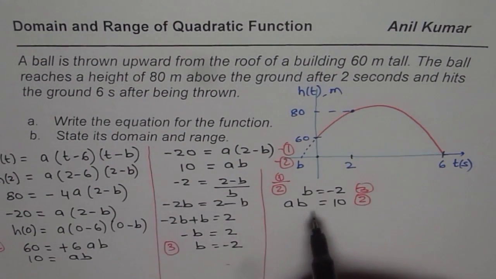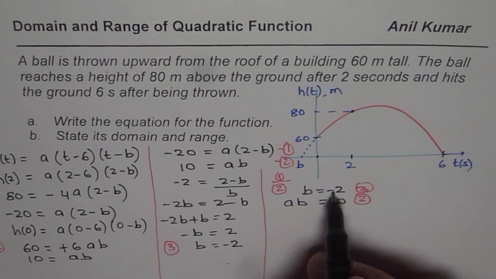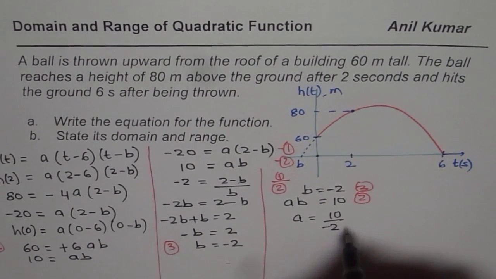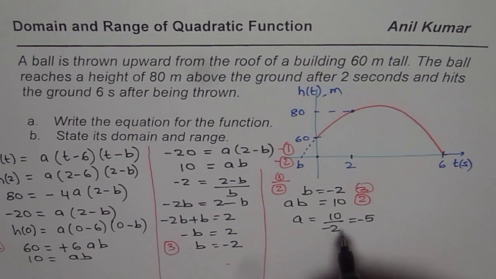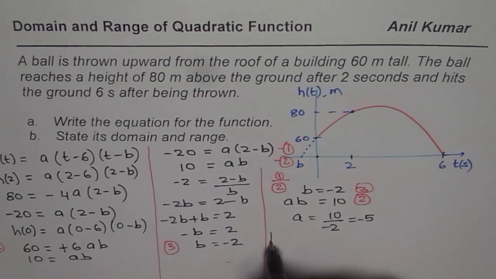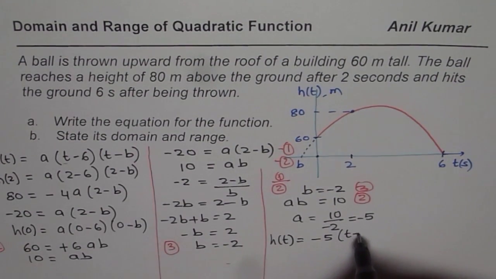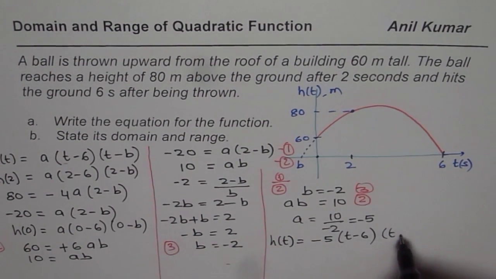So if I substitute b as minus 2 here, I get a equals 10 divided by minus 2, which is indeed minus 5. So now I can write down my equation: h of t equals a is minus 5, times t minus 6 and t minus b, so b is minus 2, so it becomes t plus 2. Perfect. So that is the equation of the parabola, right?